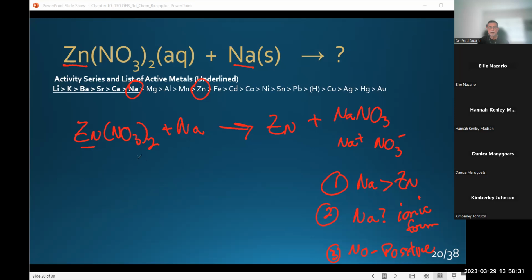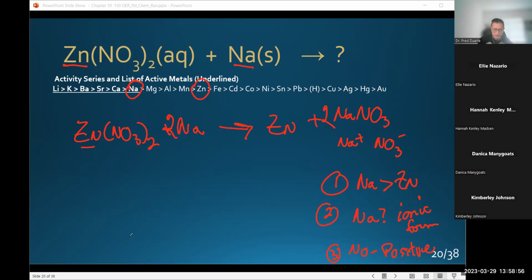All right. So now we balance. Well, we've got 2 nitrates here, only 1 here. So we put a 2 in front of sodium nitrate. That balances the nitrate. It kicks up the sodium. So we put a 2 in front of sodium. And that balances the sodium. The nitrates are balanced. The zinc is balanced. So we're good to go.